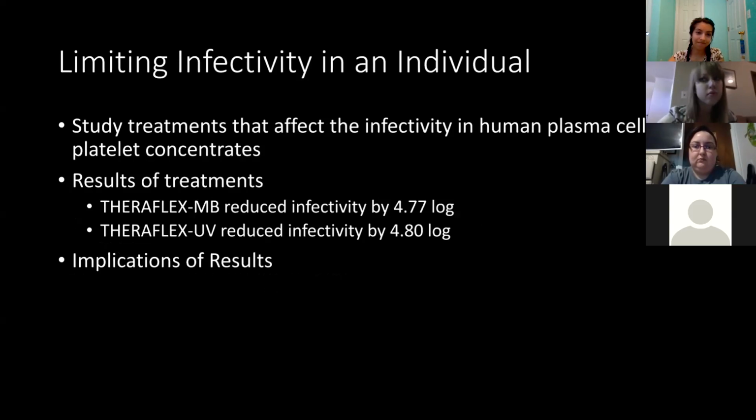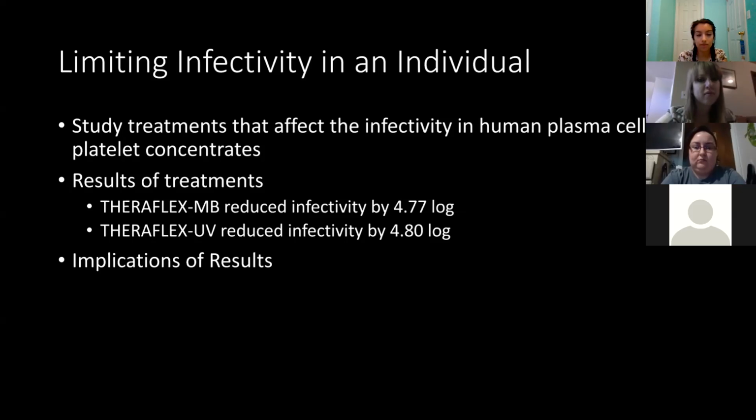Limiting infectivity in an individual. Fady et al. 2019 performed a study focusing on the treatments that would affect the infectivity of the yellow fever virus in human plasma cells and platelet concentrates. 2 treatments were conducted. Theraflex MB was a visible light treatment in the presence of methylene blue and was conducted on plasma cells.